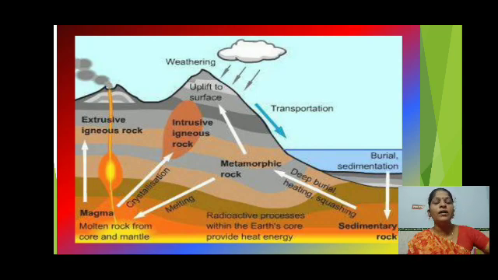The lava comes outside and cools, that is extrusive igneous rock. And the magma gets inside and cools, that is intrusive igneous rock. Here, magma is molten rock from the core and mantle. Radioactive processes within the earth's core provide heat energy that turns into the sedimentary rocks, everything.